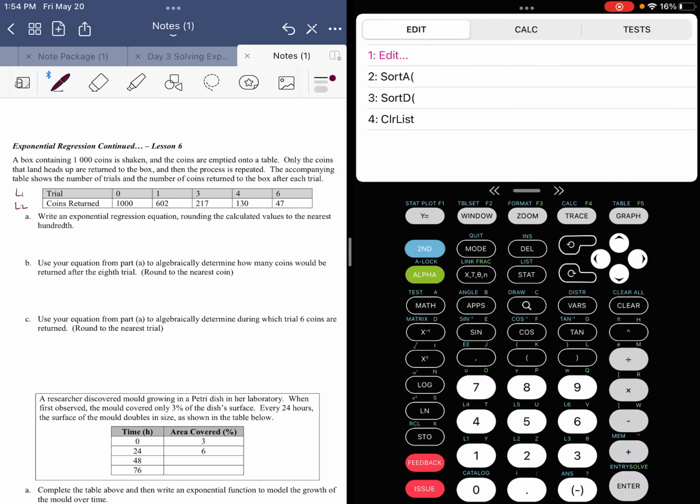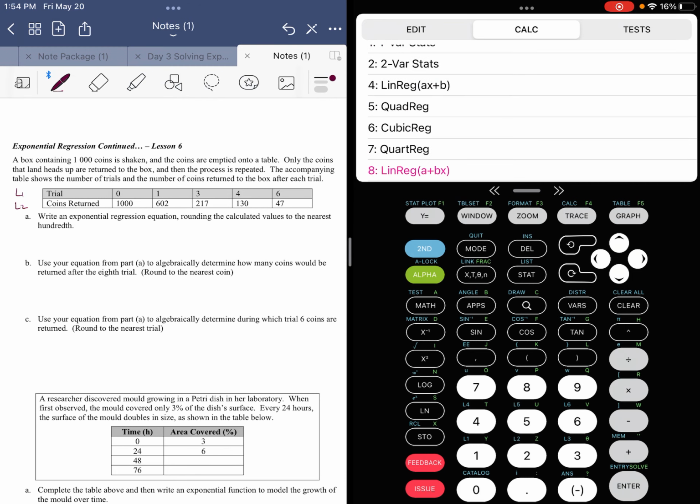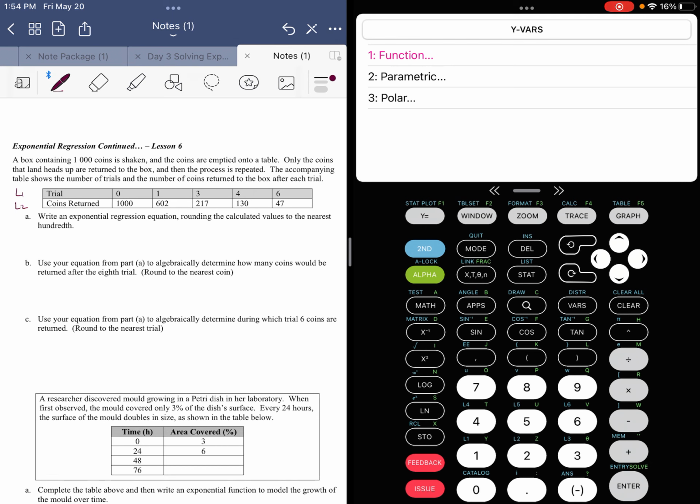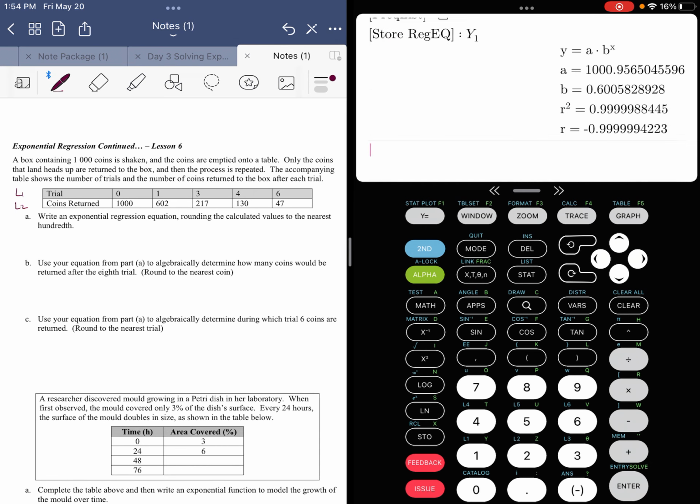And then you're going to go to Stat, scroll over to Calculate, and you want to go to EXP-REG. All right, so L1, L2. And what we want to do here is store this as Y1. So hit vars, function, and then Y1. And hit enter. And we get this information here.